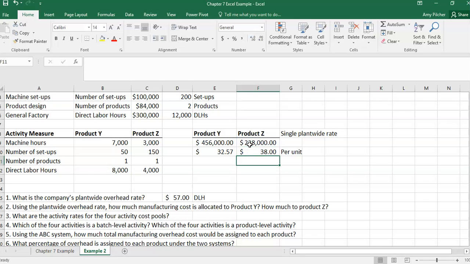So we get per unit overhead of $32.57 for product Y and $38 for product Z.